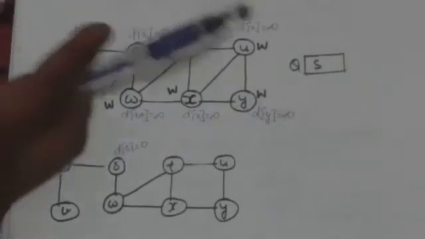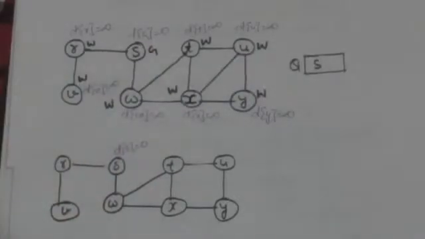We will dequeue a vertex from this Q, and then for all white vertices V which are adjacent to that vertex, we will set their color gray, and their distance from the source vertex S is set to 1 more than the distance of the dequeued vertex from source vertex S. The dequeued vertex will become their predecessor, and then we will enqueue all of them in Q. At last, we will change the color of the dequeued vertex from gray to black.